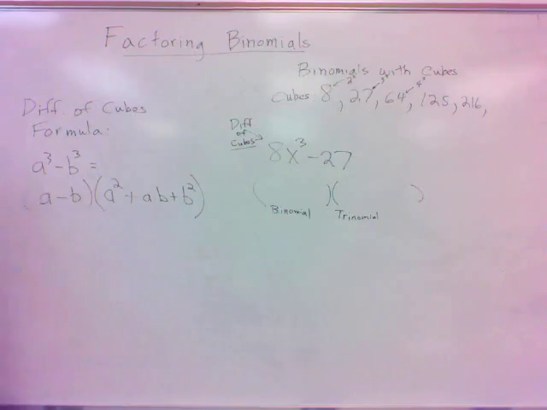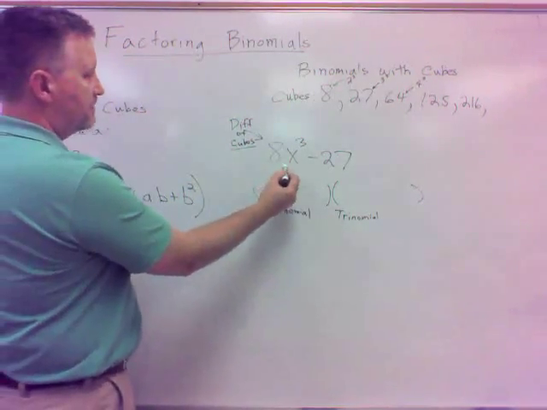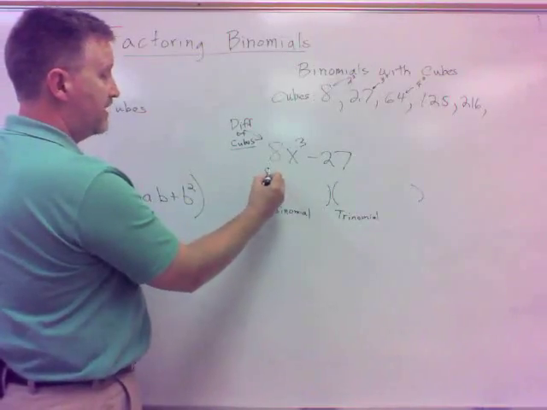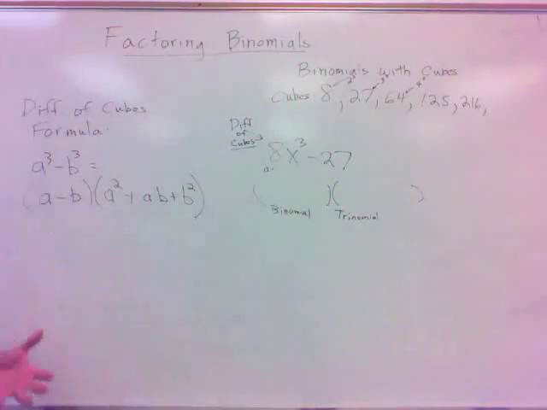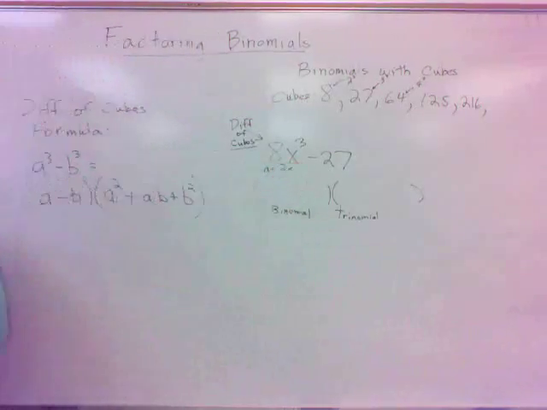All right, so right here, what we've got is 8x cubed minus 27. So that would mean a, what I cube in the formula, well, I would cube to get 8x cubed. Well, I would cube 2x, right, to get 8x cubed. So that's going to be my a.